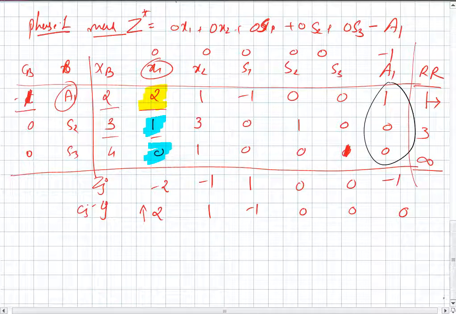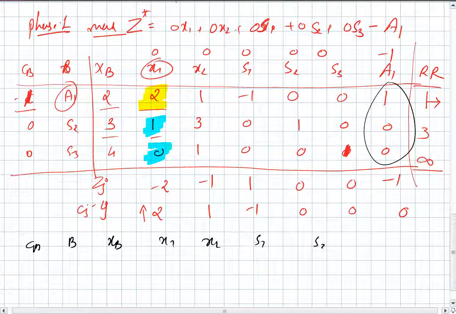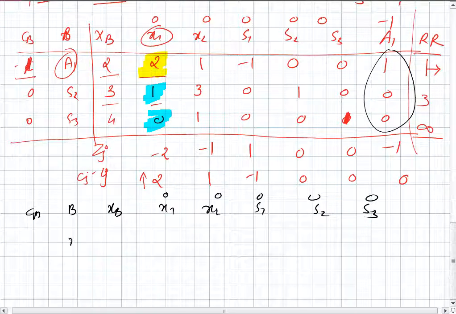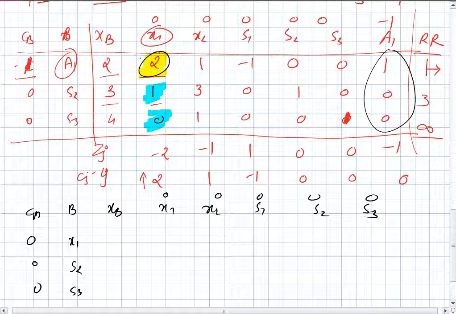So our next simplex table is CB, B, XB, X1, X2, S1, S2 and S3. The coefficients are 0, 0, 0, 0, 0. In the basis now we have X1, S2 and S3, with coefficients 0, 0, 0. To make this entry 1 we have to divide everything by 2.